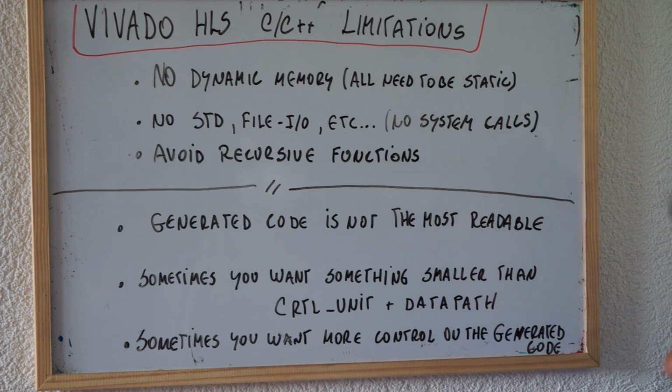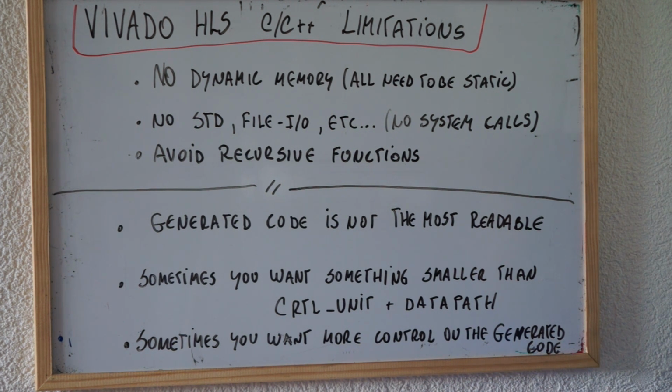So basically, if you want more control on the generated code, in this case Vivado HLS is not the tool for the job. Vivado HLS can be thought of as the main tool that the software engineer will use to enter this FPGA world.